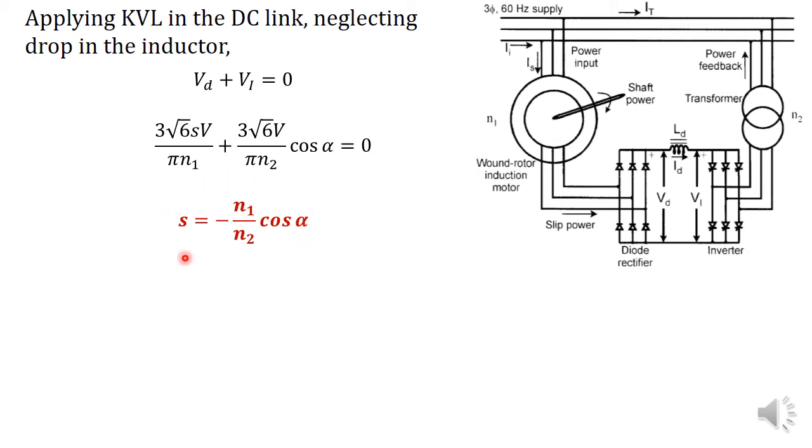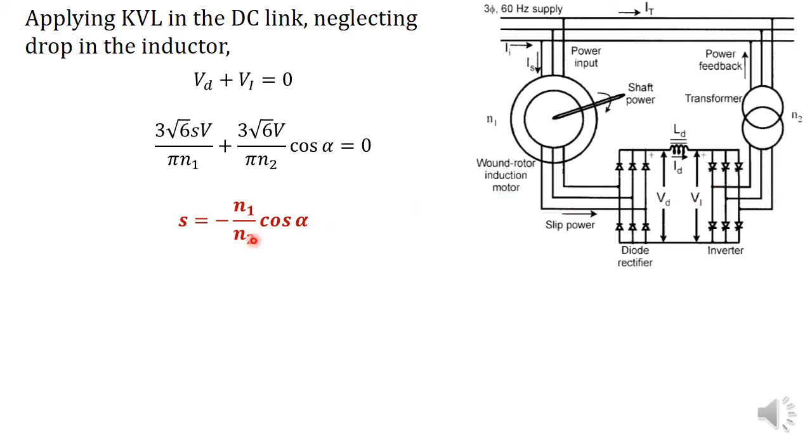This is the basic equation that governs the operation of a slip power recovery scheme or static Kramer drive. So what is the inference of this equation? Here we can see slip can be controlled by controlling the firing angle alpha of the controlled rectifier or inverter.